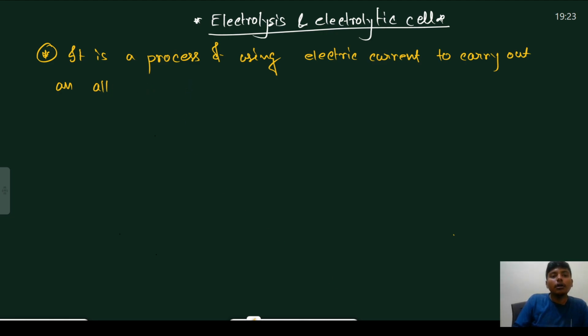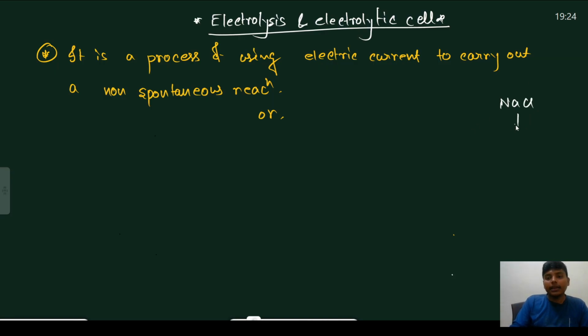a non-spontaneous reaction. Or one more thing you can say, that by electrolysis, whatever ion is charged, let's suppose NaCl is there, after breaking it will become Na plus, Cl minus.